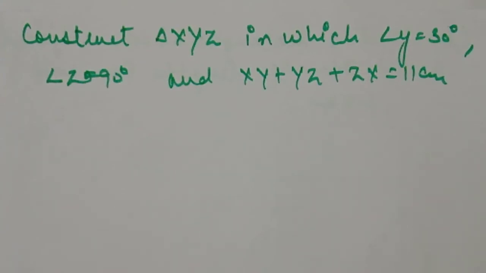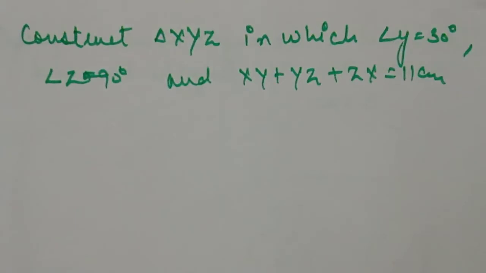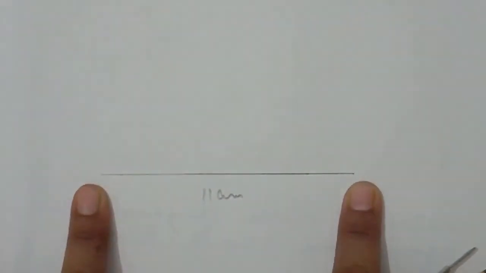So first of all, you have to learn how we will draw it. First of all, we have to draw a base as 11 centimeter. This is our 11 centimeter base. Now the question is, what are the names of these two endpoints, XY or YZ or ZX? Then how will you recognize which one is your base?